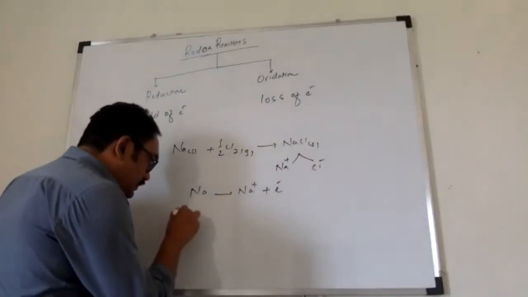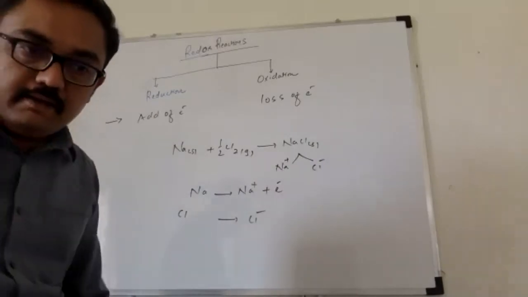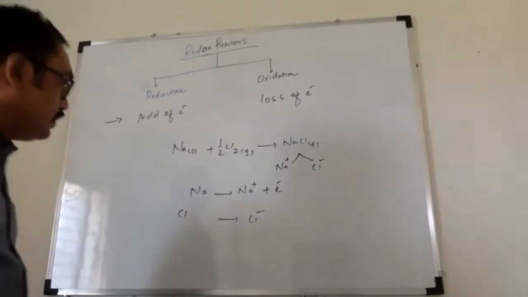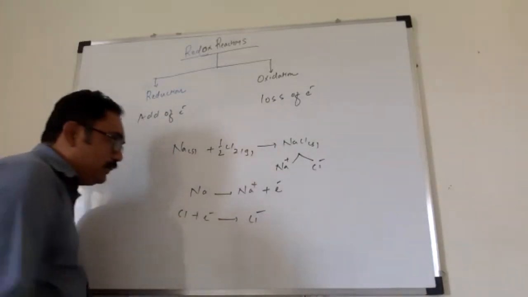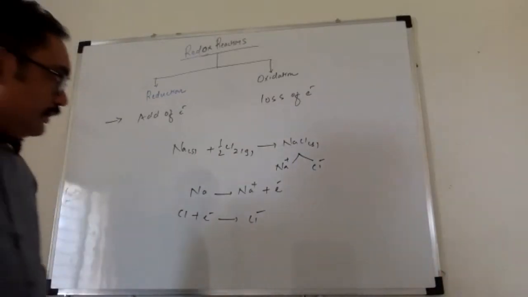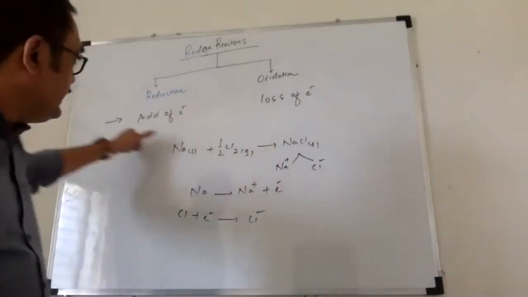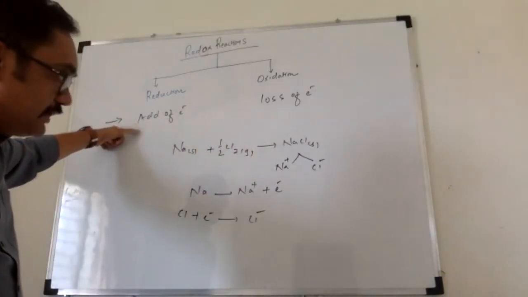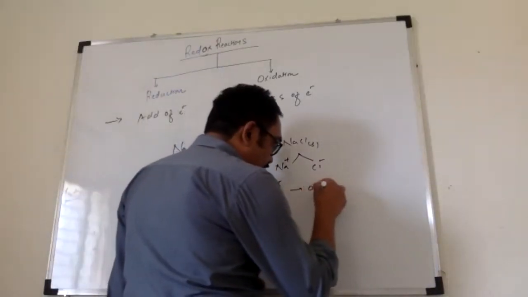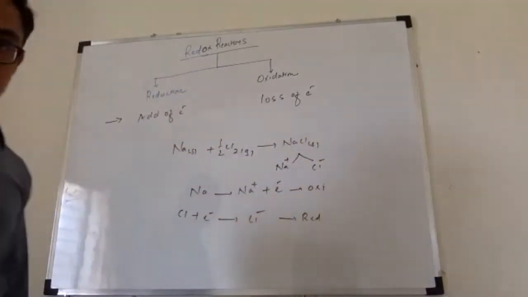Chlorine has gone to Cl minus, and for that there is a gain of electron by chlorine. The chlorine has gained electron and sodium has lost electron. Loss of electron is oxidation and gain of electron is reduction. So this half is oxidation and this part is reduction.